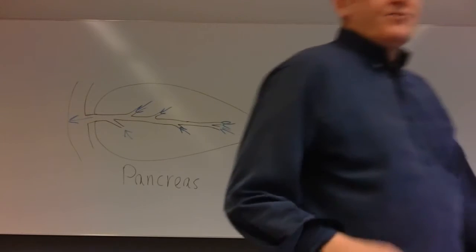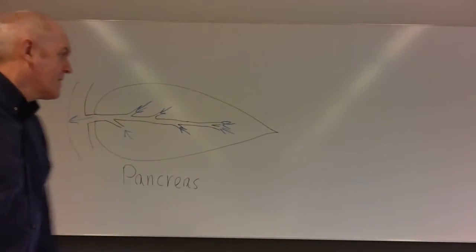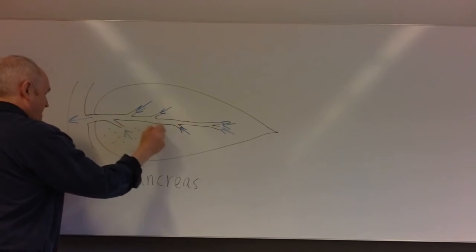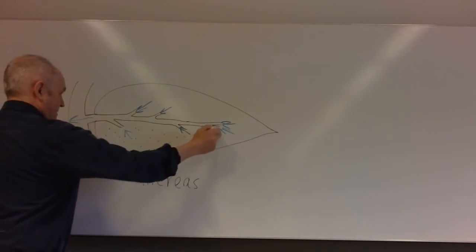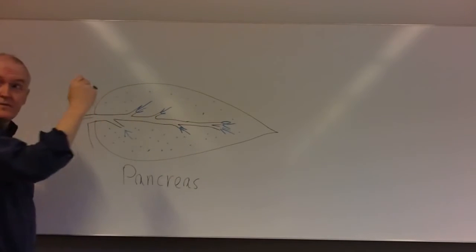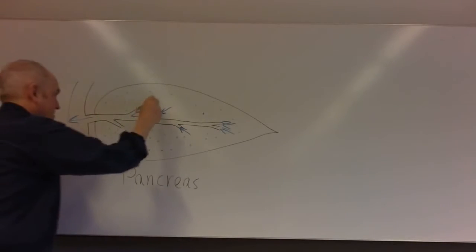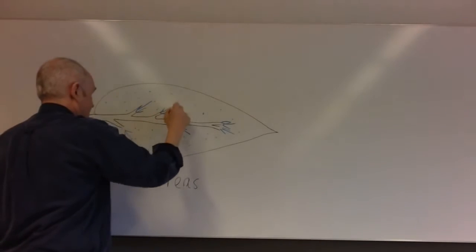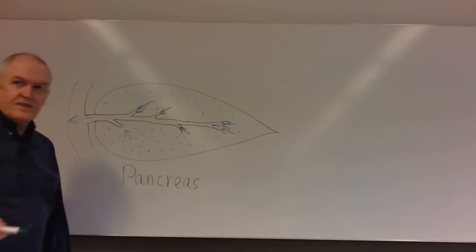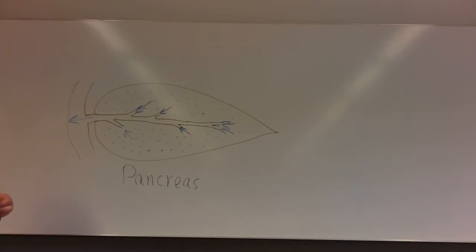But what is very interesting about the pancreas is it's very spotty. Distributed throughout the parenchyma, throughout the tissue of the pancreas, there's lots of these little islands of tissue.